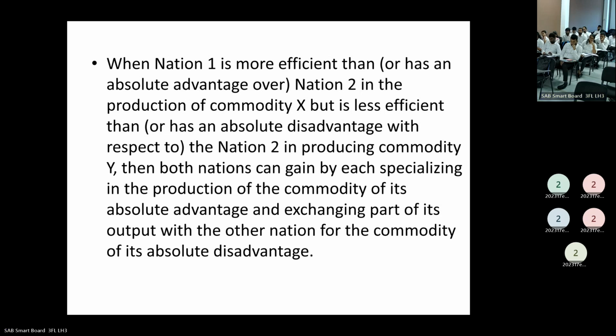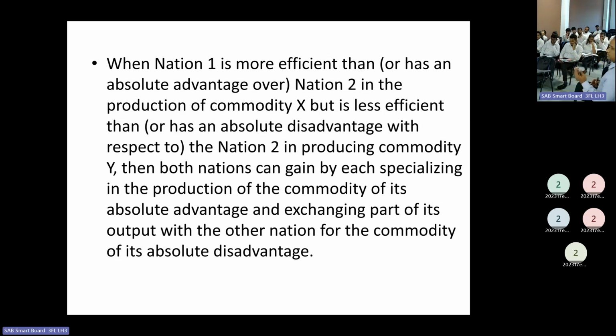One nation can produce at a lower cost than the other nation, so nation one has the absolute advantage in producing it. As a result, they can produce more of that product and generate a surplus that will be exchanged with nation two.